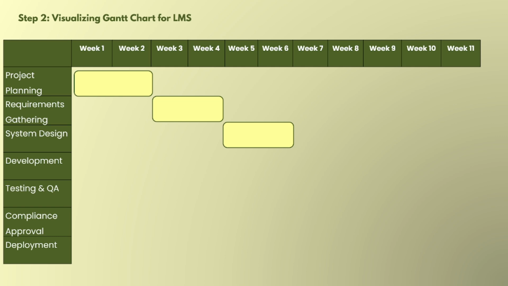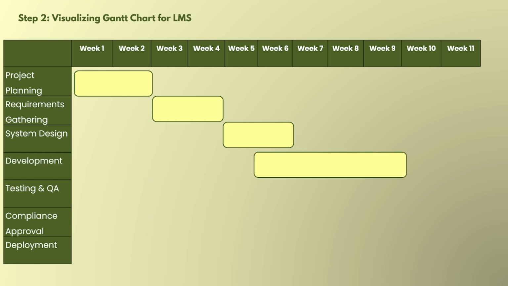Then next is system design. Is system design dependent on project planning and requirement gathering, which happened during weeks 1 to 4? If we want to work in week 5, then our first 4 weeks must be properly utilized and the tasks of project planning and requirement gathering finished. Only then will we be able to design the system in weeks 5 and 6.